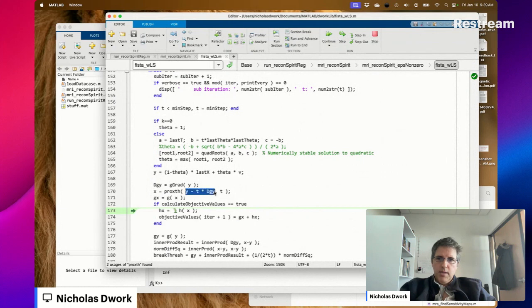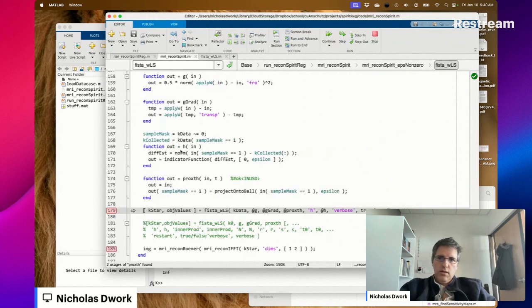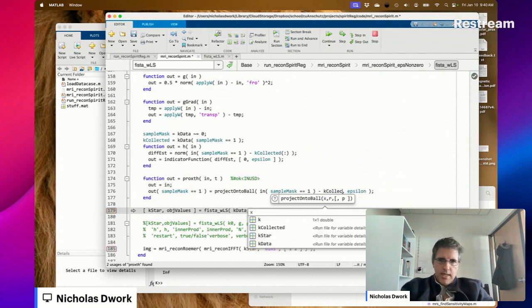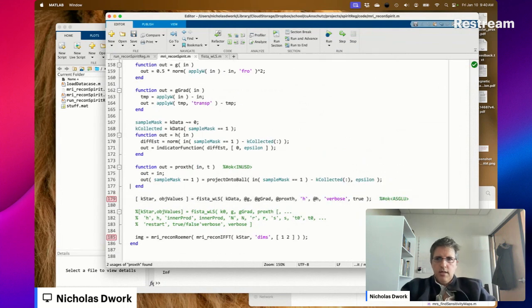This is the gradient descent update. So x, I believe, oh, because I'm not projecting this onto epsilon, I'm projecting that minus K collected onto epsilon.